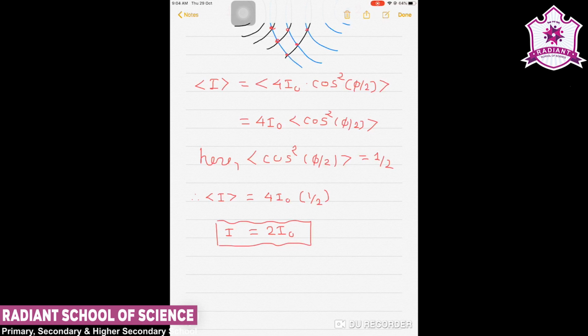Now when the phase difference between two vibrating sources changes rapidly with time, we can say that the two sources are incoherent, and when this happens, the intensities just add up. That means the cos square term gives us that averaging value, and this is what happens when two separate light sources illuminate a wall.